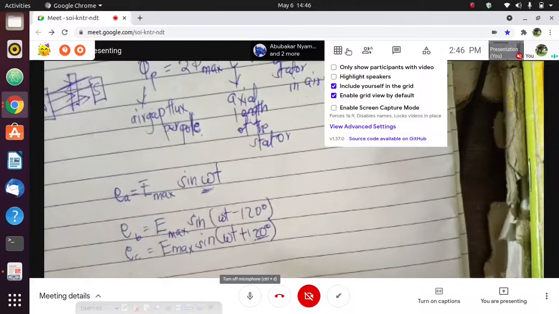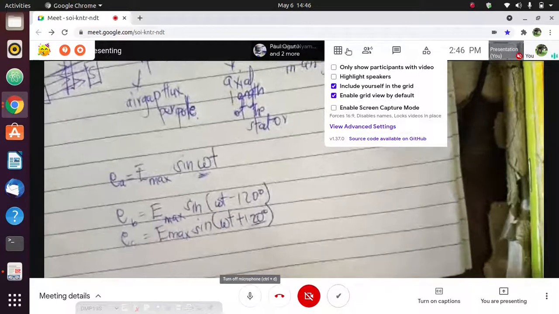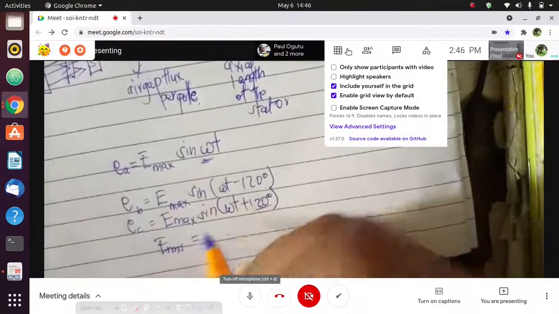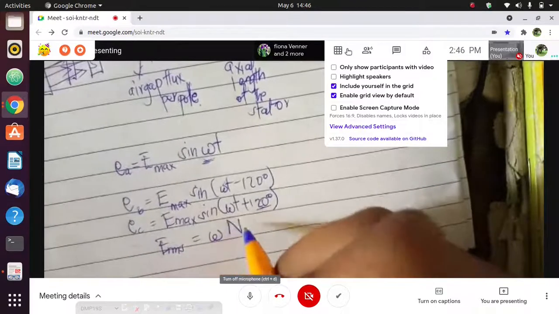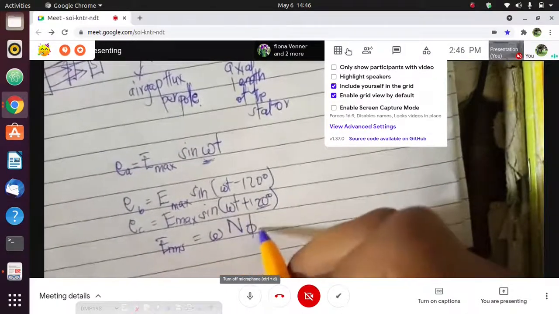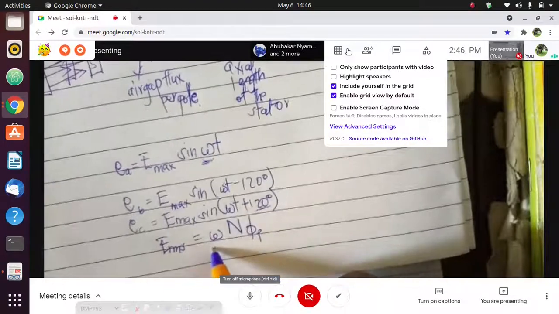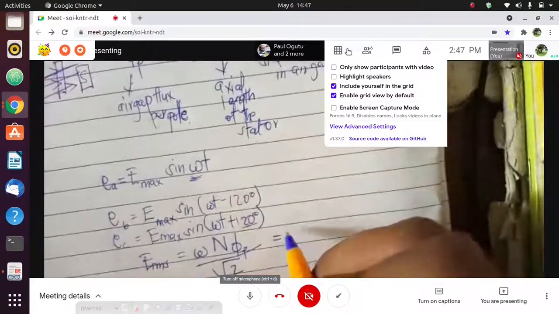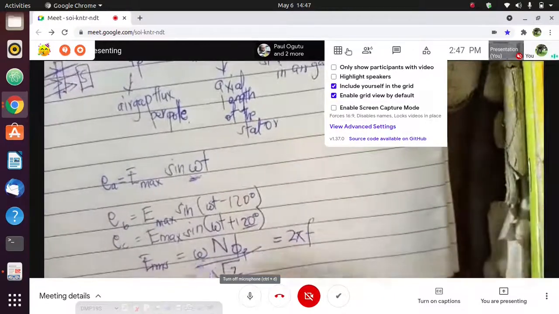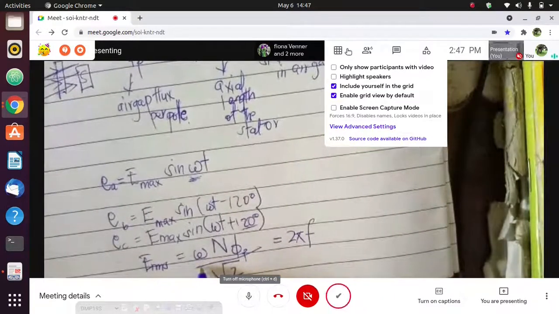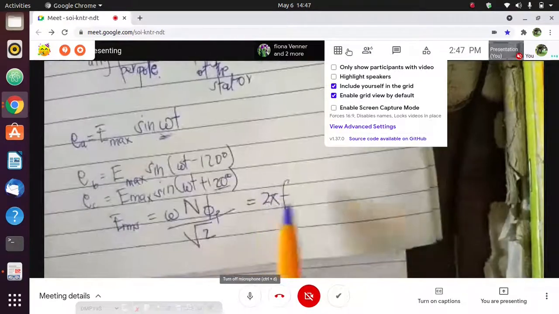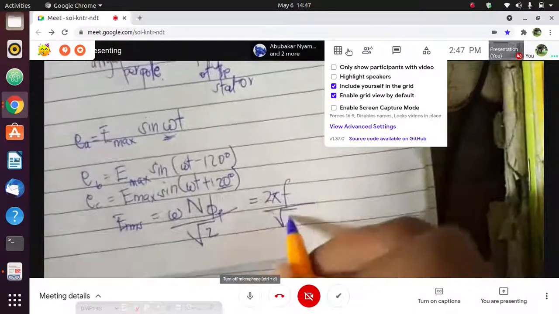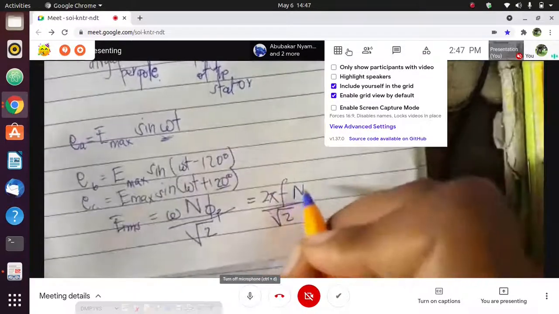Now, the RMS value, or the total induced value per phase, will be omega times N times the air gap flux per pole divided by root 2. Omega is 2 pi f, the angular velocity, given by 2 times pi times the frequency of supply, over root 2, times N times the air gap flux per pole.